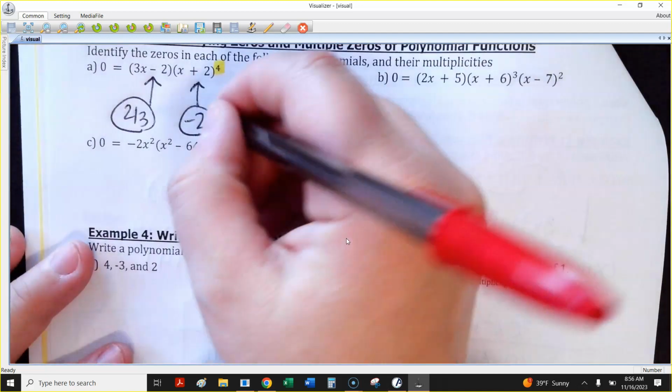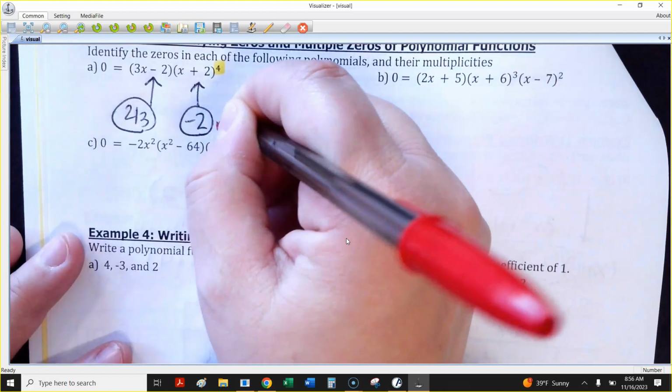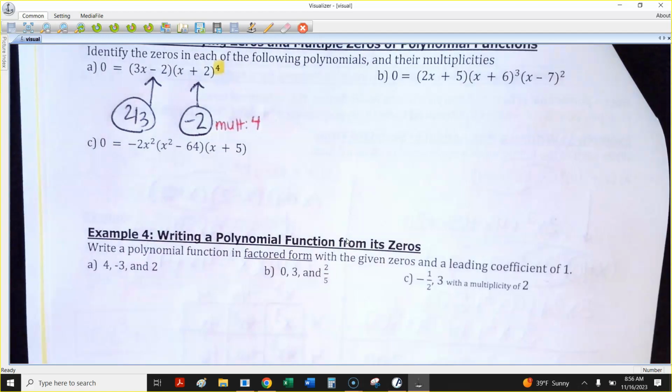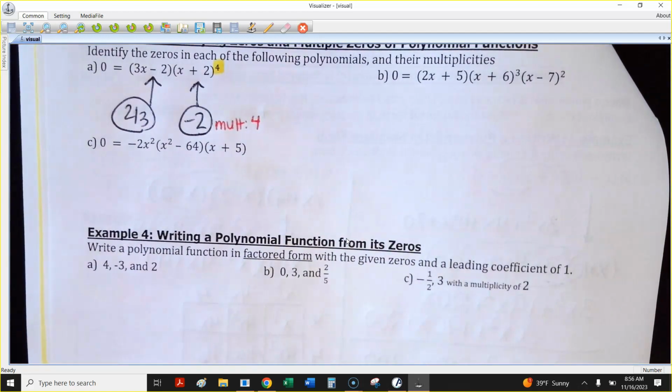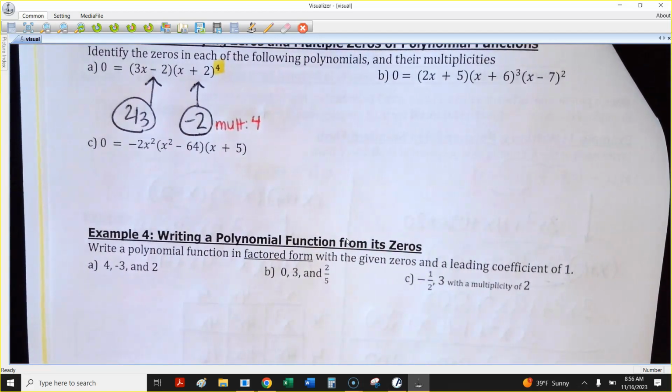So the negative 2 would have a multiplicity of 4. So basically that 0 counts 4 times. I know that doesn't make a lot of sense. When we get into the graphing and you guys see how this looks on the graph, it'll make more sense. But for right now, that question has 2 zeros, but one of them counts 4 times.